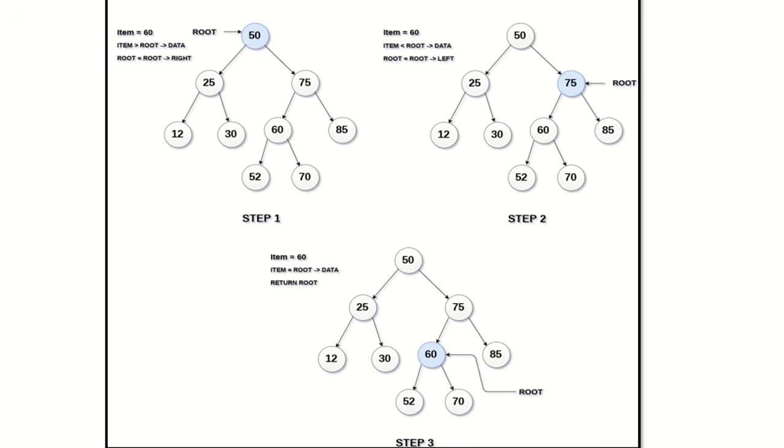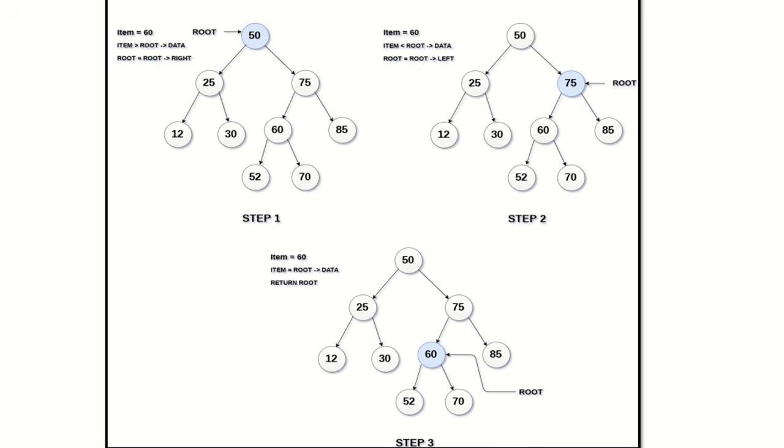So in this case, the search element is 60. The root element holds the value 50. So we obviously need to search for the element in the right subtree of 50. You need not search the element in the left subtree. So only half of the search is enough to check whether the search element 60 is present in the given binary search tree or not.